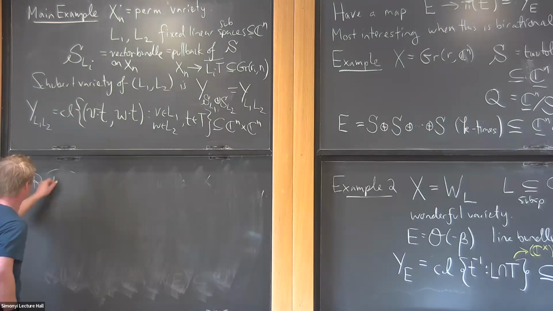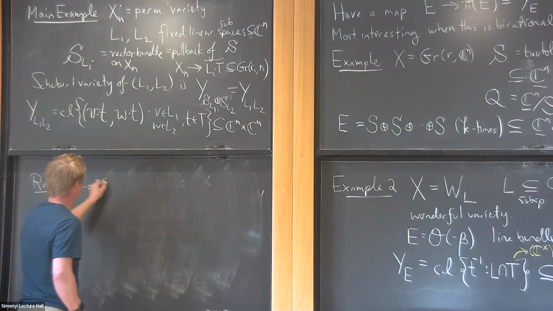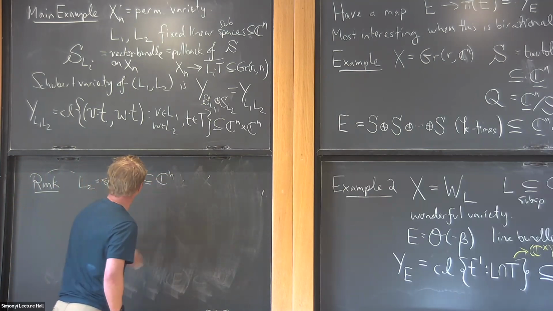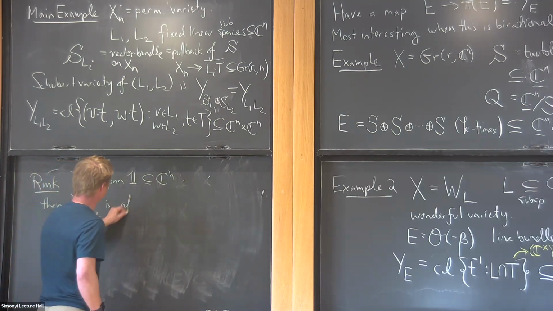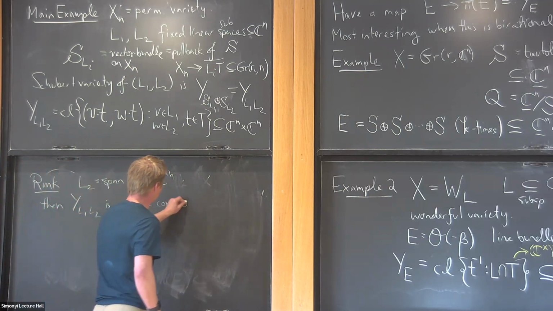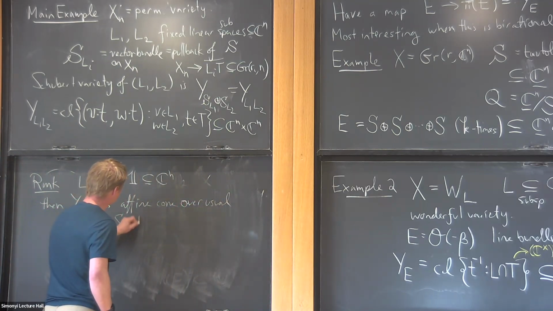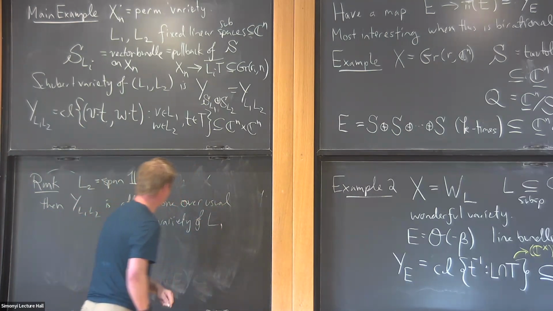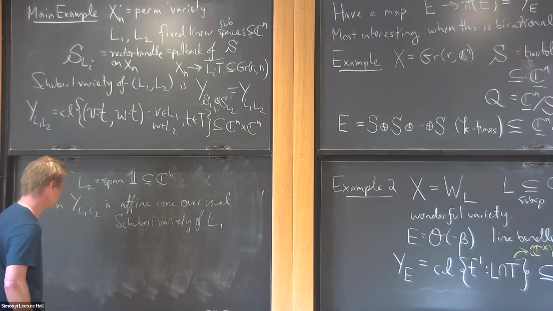So the remark is that if L2 is just the span of the all ones vector, then Y of L1, L2 is the affine cone over the usual Schubert variety of L1, which is some subvariety of a product of P1s.